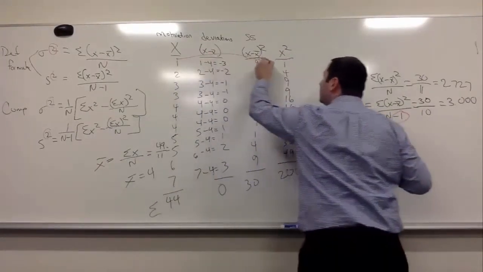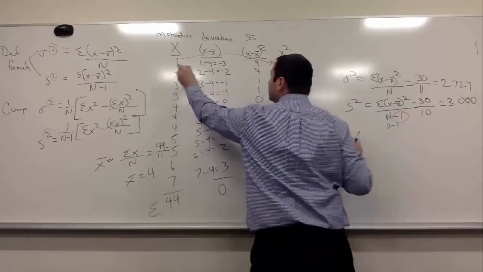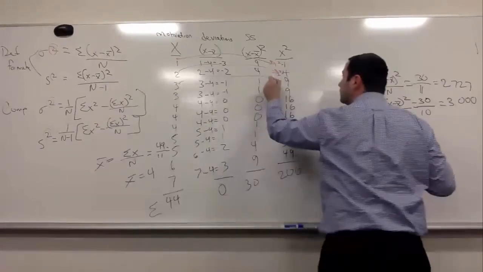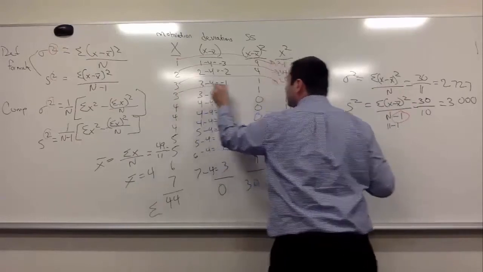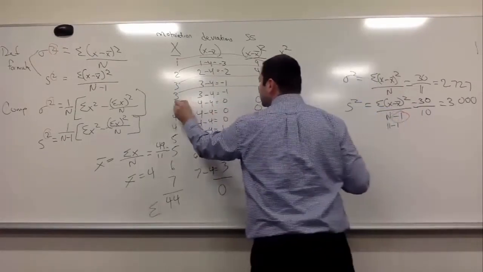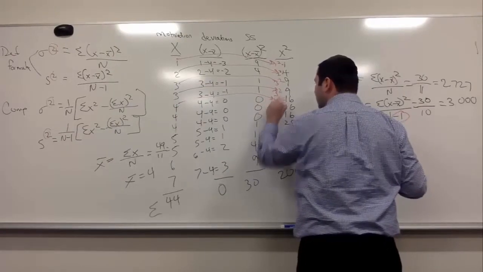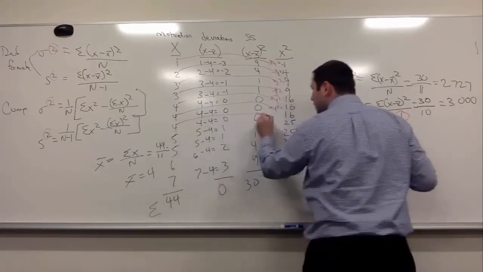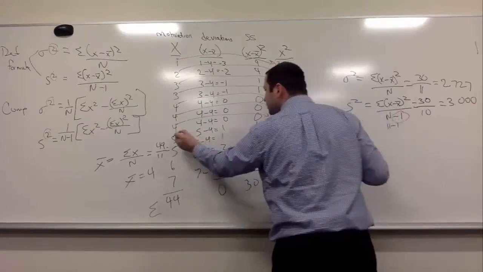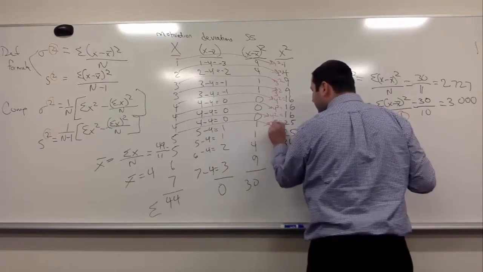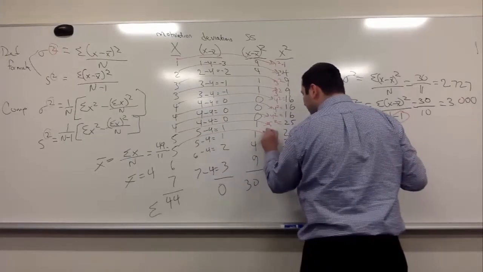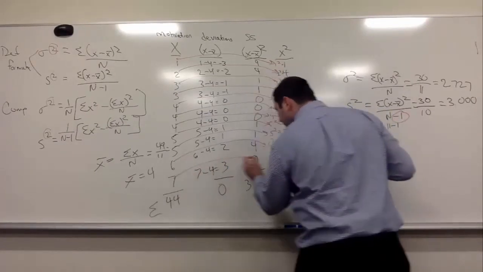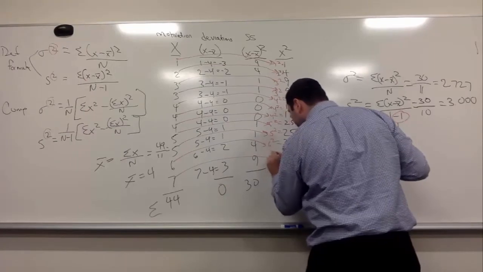So 1 squared equals, 2 squared equals, 3 squared equals, 3 squared equals, 4 squared equals, three times, 5 squared equals, twice, 6 squared equals, and 7 squared equals.